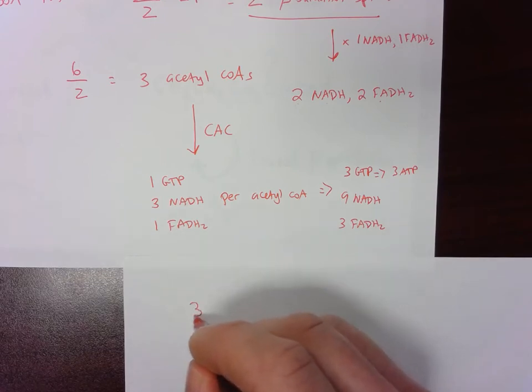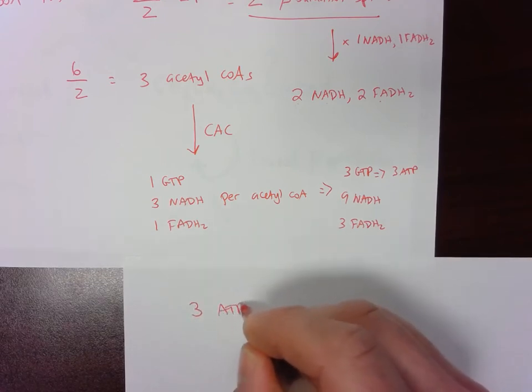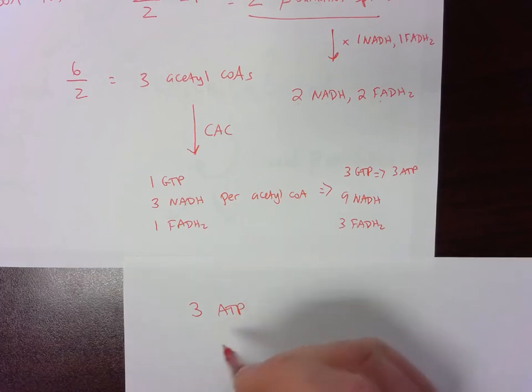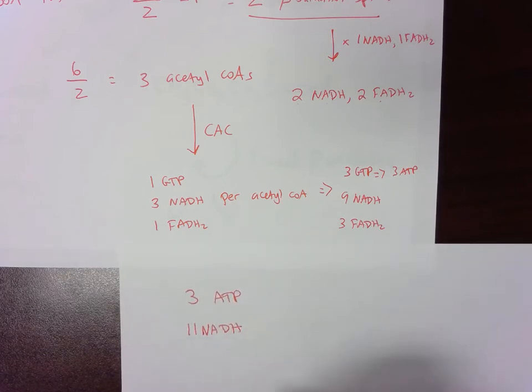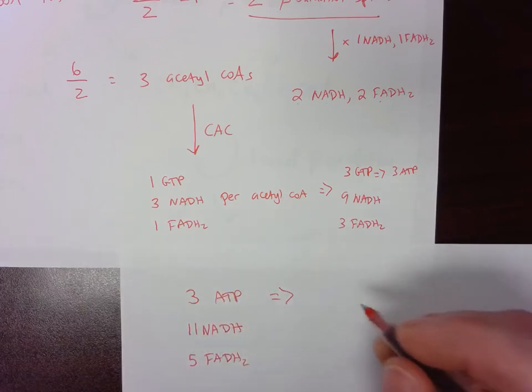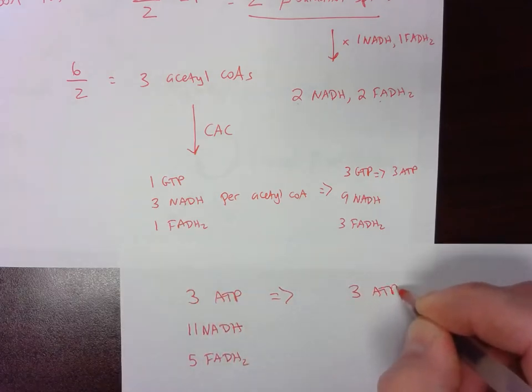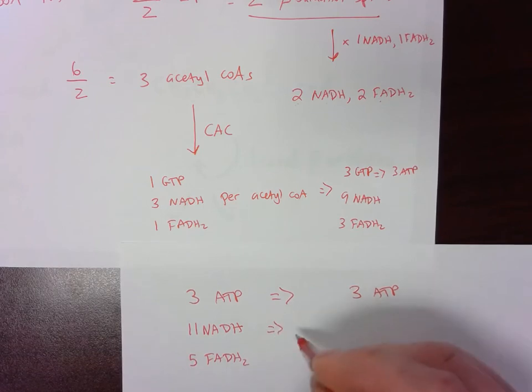So let's write this out all together: 3 ATPs, 11 NADHs and 5 FADH2s. Of course, when we get to oxidative phosphorylation, ATPs are not involved, so these are still going to be 3 ATPs. NADHs are going to be multiplied by 2.5.